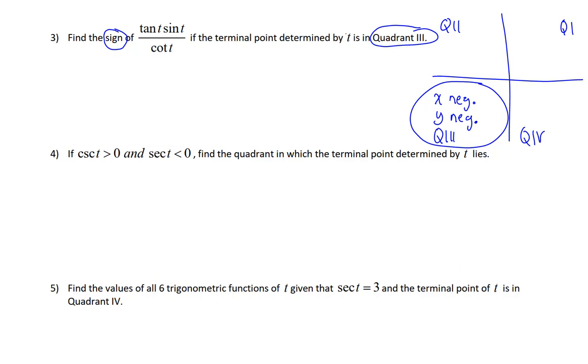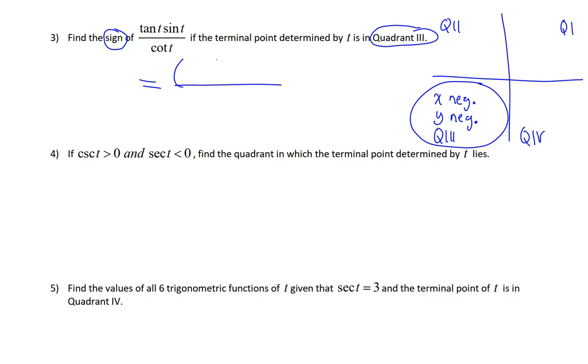Notice we don't know what t is, so we don't know where the terminal point is. But if it's in quadrant 3, we know enough to get the sign of this. So the tangent, remember tangent is defined above as y over x. Well, they're both negative.